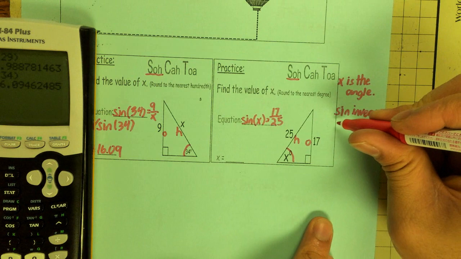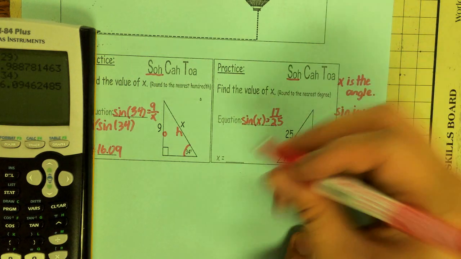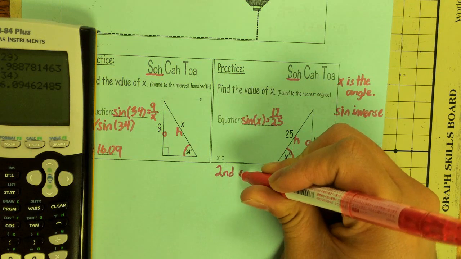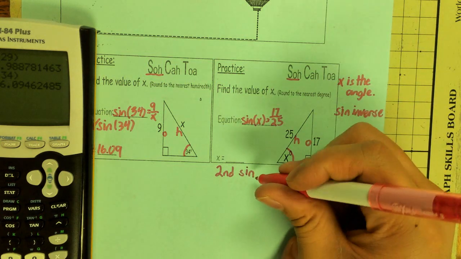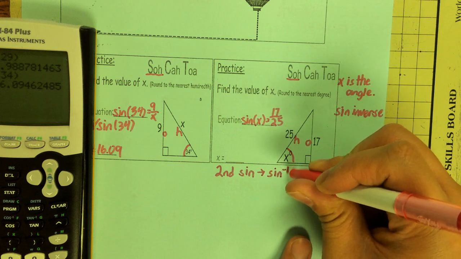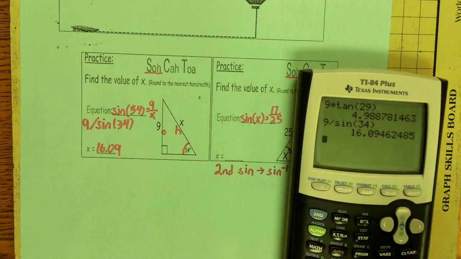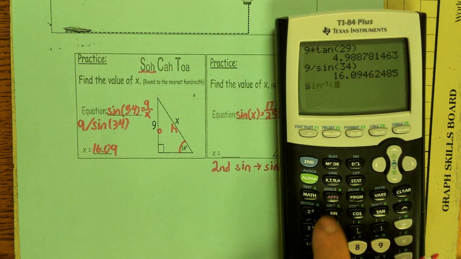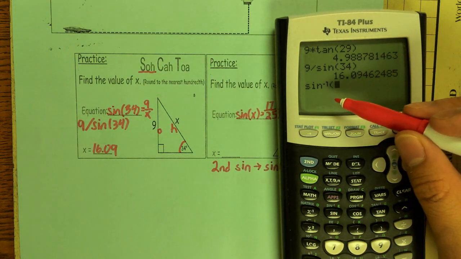To get that, you press, note down here, second sine on a calculator gets us something that looks like this. So second and sine gives us a sine with a -1.